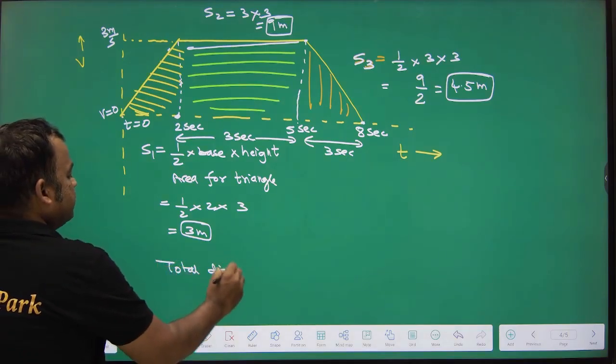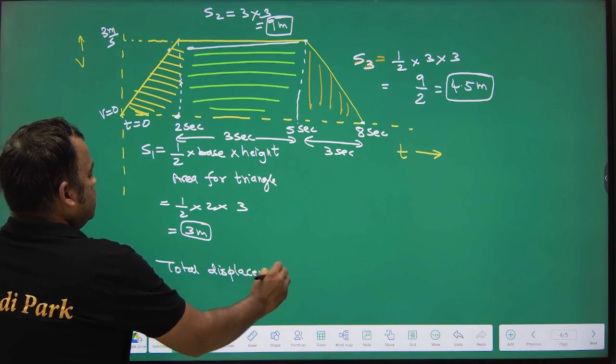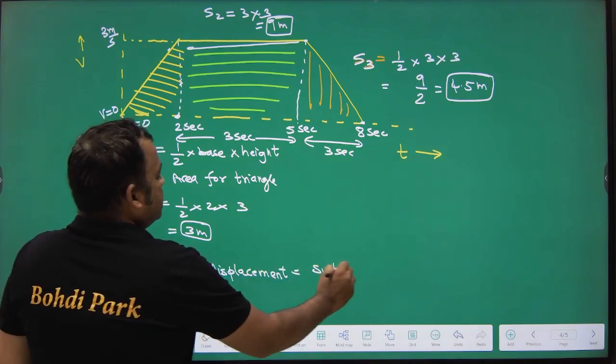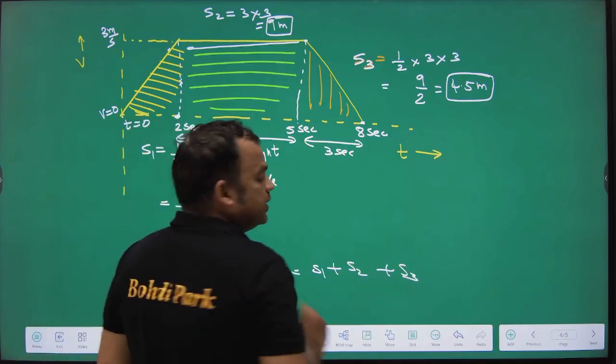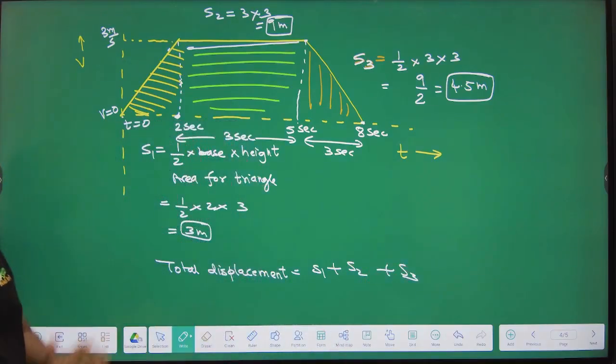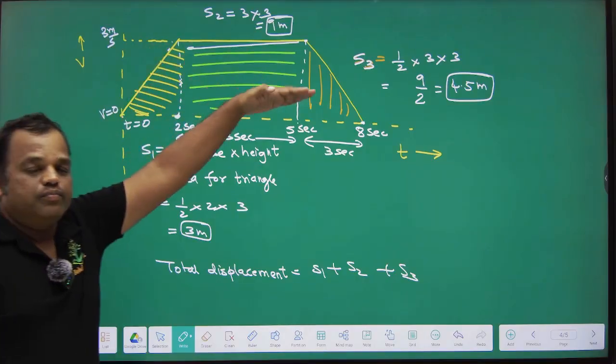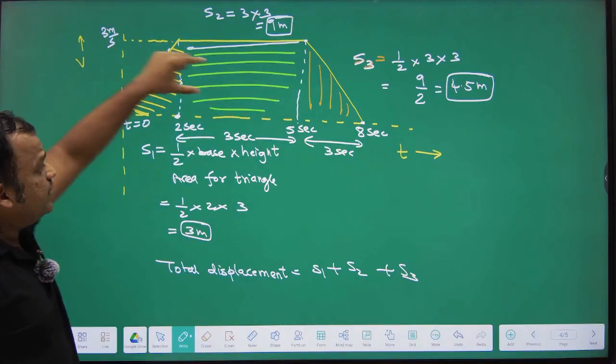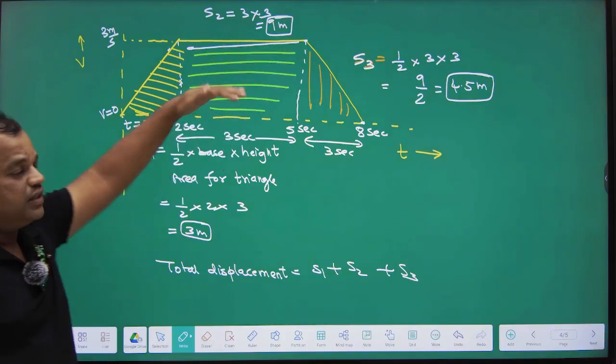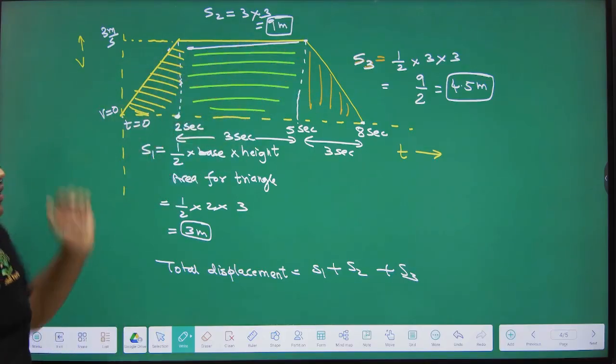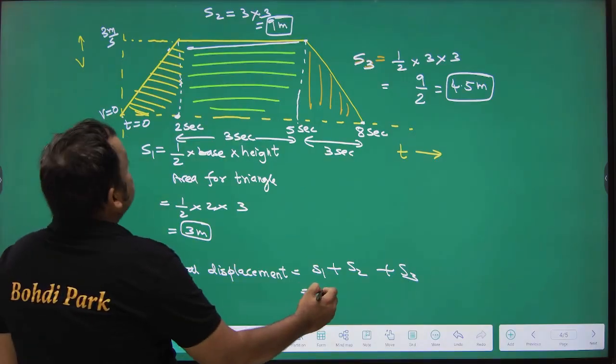So what is the total displacement? Total displacement will be S1 plus S2 plus S3, and as you observe, all the areas are positive because whole shaded region is above time axis. So all displacements are positive.